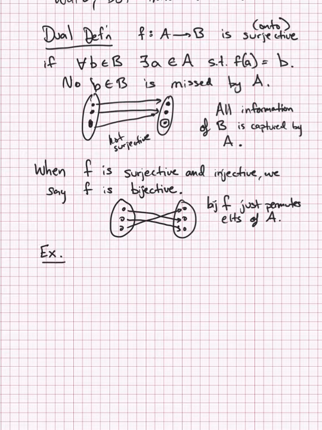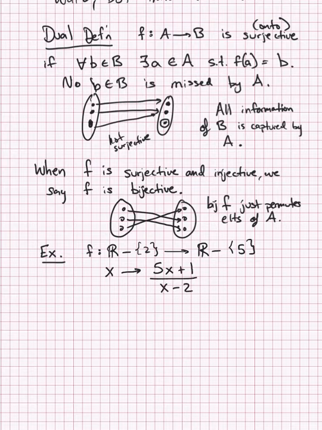Okay, so here's an example. f is going to go from the real numbers minus 2 to the real numbers minus 5, and we're going to send x to (5x plus 1) over (x minus 2).